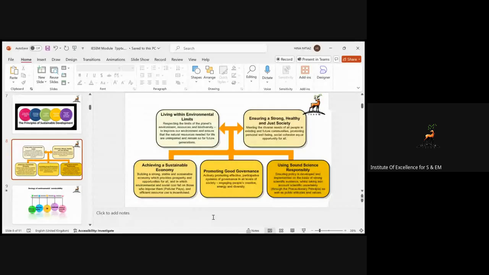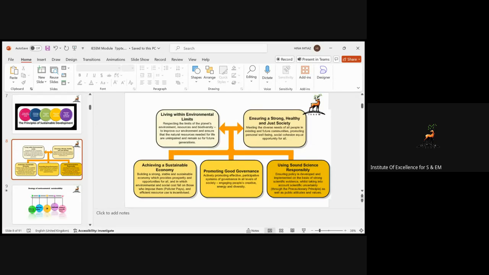Because if the society collectively cares about the environment and the resources, that will give you a fruitful result. So basically, social cohesion gives you equal opportunities for all.